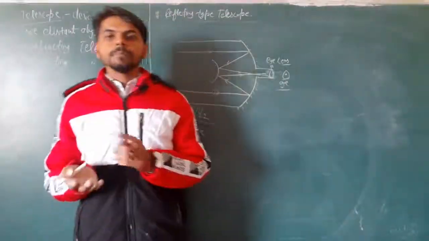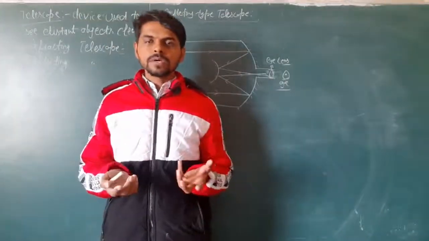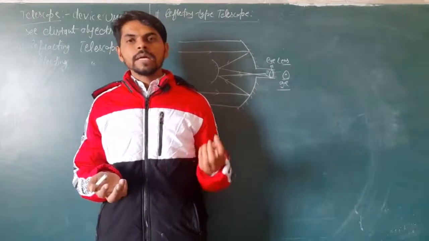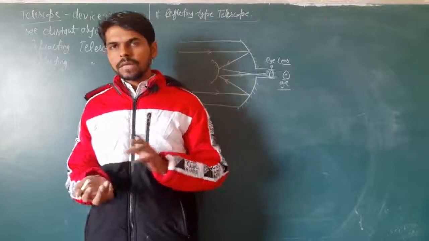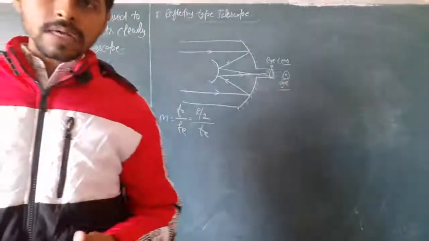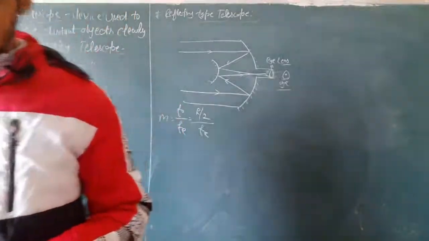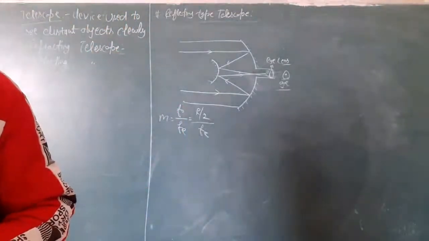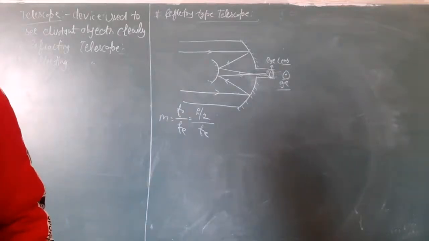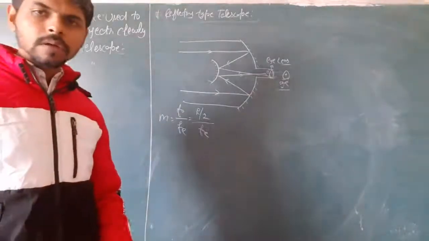If you carry a mirror in your right hand and a lens in your left hand with the same optical density, the lens weighs more than the mirror. लेंस का जो वेट होता है वो मिरर से काफ़ी ज़्यादा होता है, तो उससे बना टेलीस्कोप भी भारी होगा, इसलिए reflecting telescope हल्का होता है, it can be easy to carry. Okay, so these are some basic advantages of using reflecting type telescope.